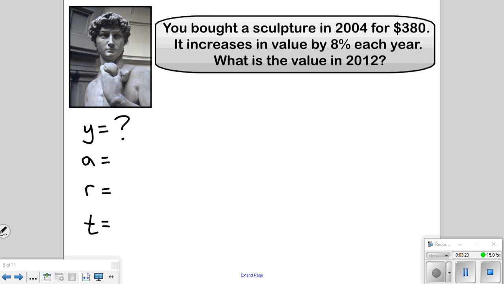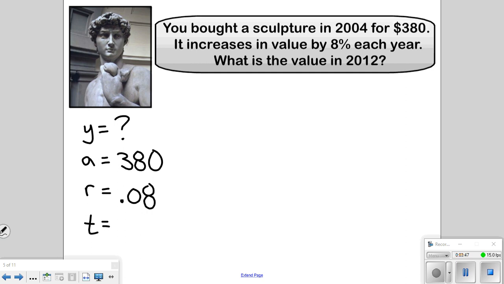My initial value is $380. It is increasing in value by 8% each year. Remember that percent needs to be a decimal, so if we take 8 and divide it by 100, we have 0.08. And the amount of time we are doing this for, from the year 2004 to the year 2012, how much time has passed?